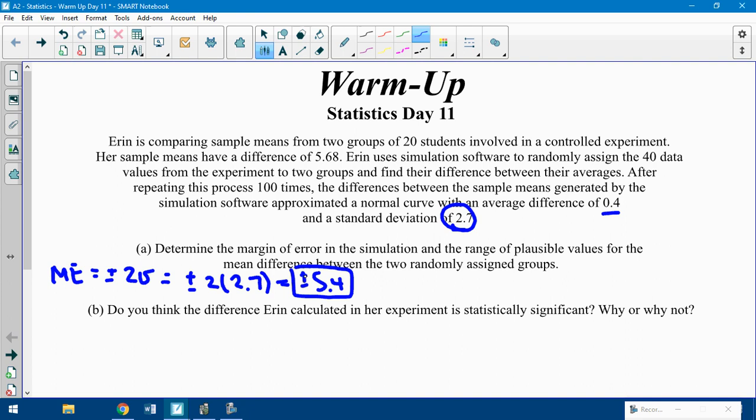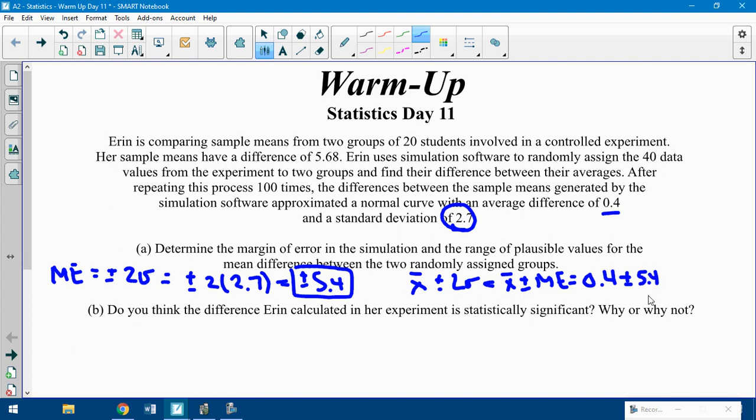Now the range of plausible values is when we take the mean of the distribution, 0.4, plus or minus 2 standard deviations. Or in other words, mean plus or minus the margin of error. That means the same thing. So for us, it would be 0.4 plus or minus that 5.4 number.